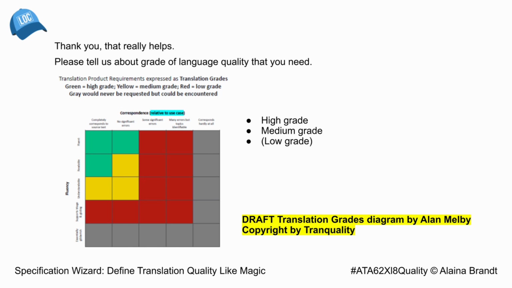Or maybe you do offer it because there's certain types of content that you decide, yeah, we can use a low grade for. eBay has a very nice model where they use machine translation that's post-edited at a very high level for all user-generated content. There's so much of it, they couldn't translate it. So they use machine translation. But maybe we just don't make that available to buyers.